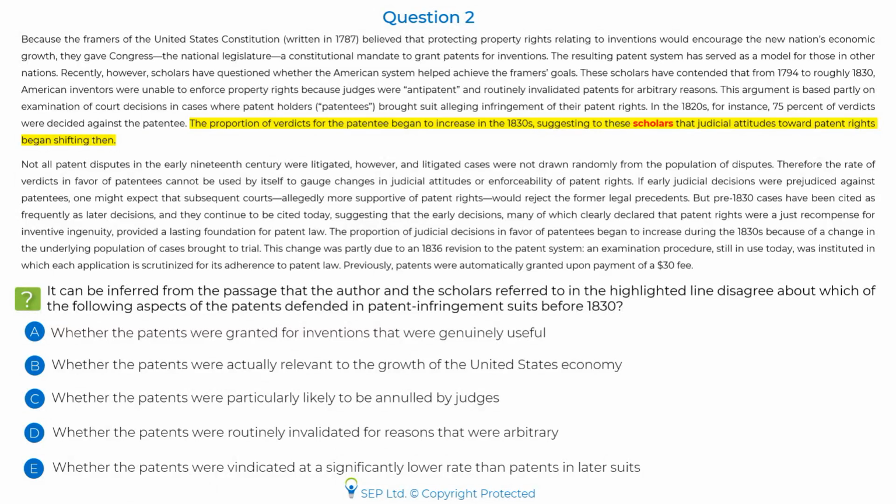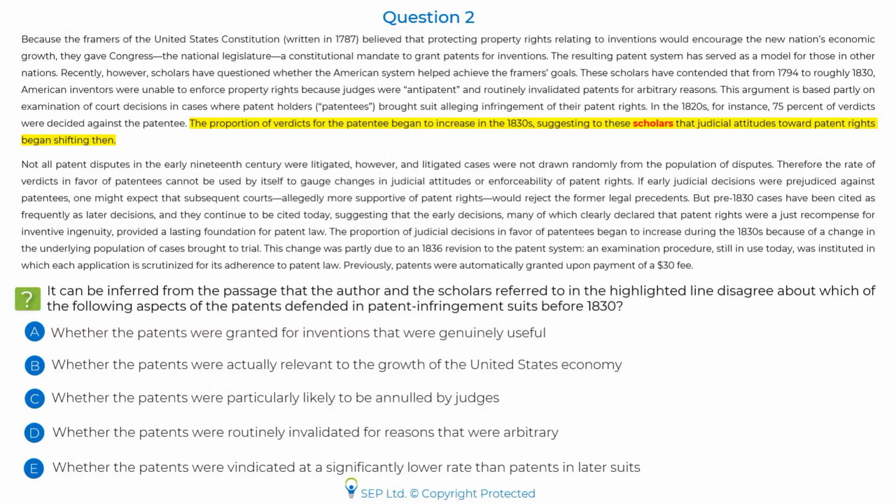Guys, one question to all of you. Where does the passage talk about the rate of vindication? Where does the passage talk about the rate of vindication being lower in later suits?